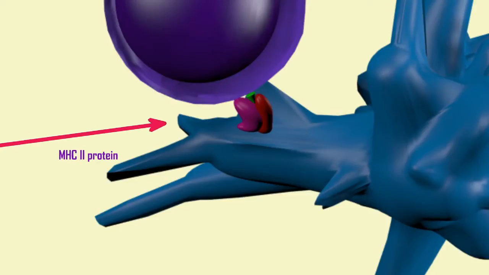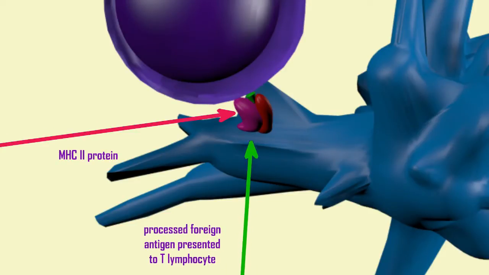Antigen-presenting cells include macrophages, dendritic cells, B cells, and a few others to a certain degree, such as epithelial cells of the thymus during development.